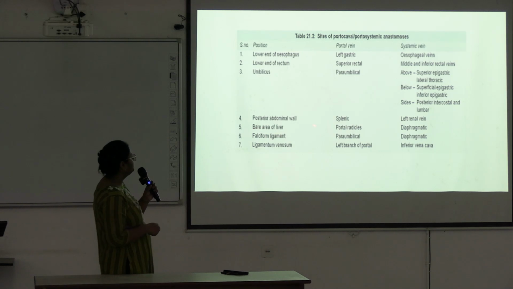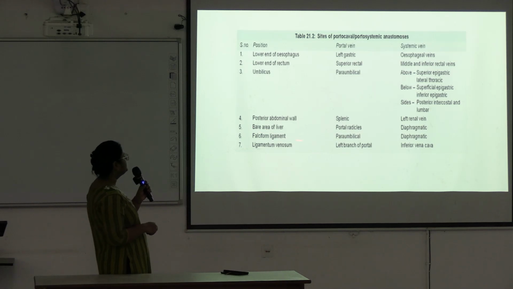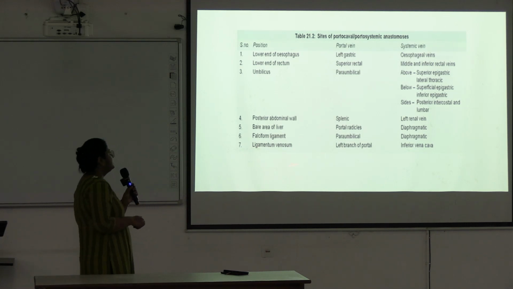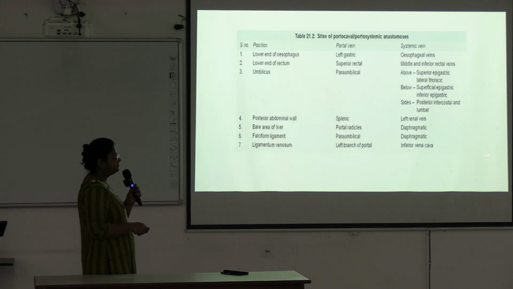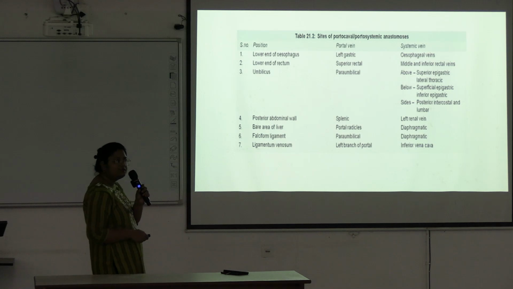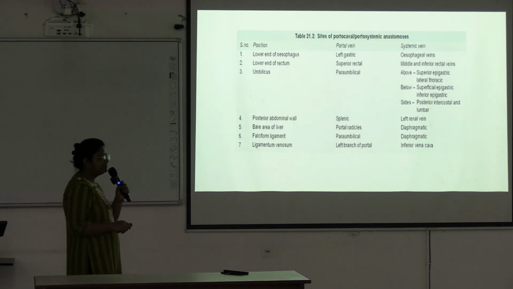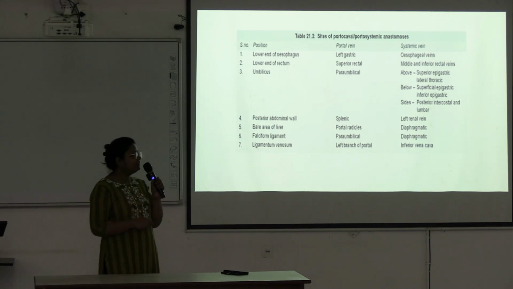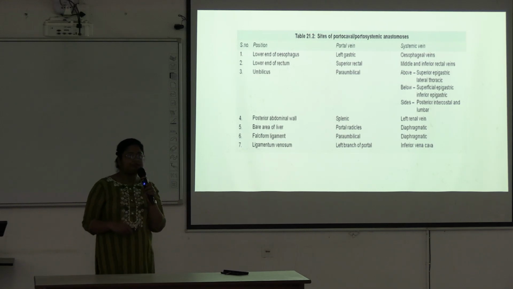In the bare area of the liver, there is anastomosis of portal radicals with the diaphragmatic veins, and in the falciform ligament, there is anastomosis between paraumbilical vein and the diaphragmatic vein, and in the ligamentum venosum, the left branch of portal vein anastomoses with the inferior vena cava through the small veins within the ligamentum venosum. Okay, understood? So all these are areas of portosystemic anastomosis. These three areas you must write down, and other areas you also have to remember.